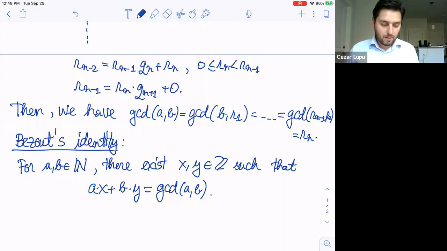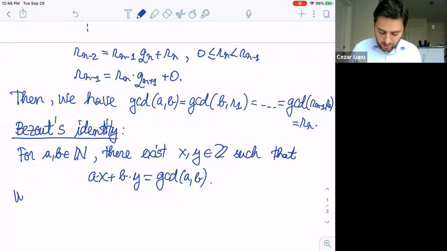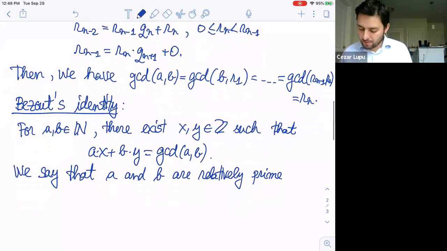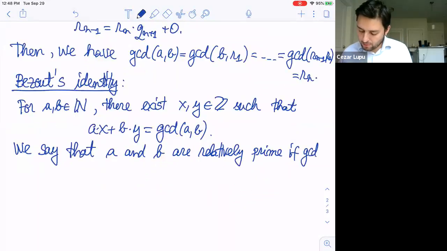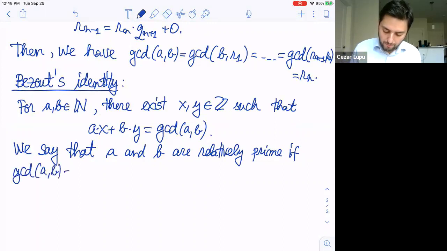All right. Well, let's say this. We say that A and B are relatively prime if their GCD, the greatest common divisor between A and B, is 1.